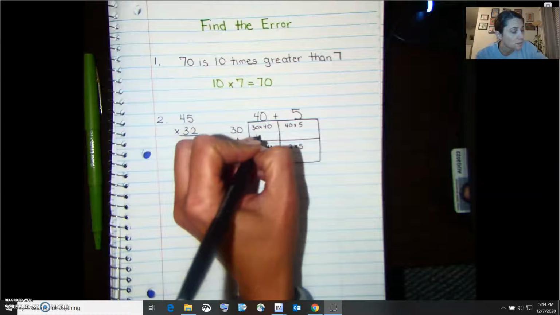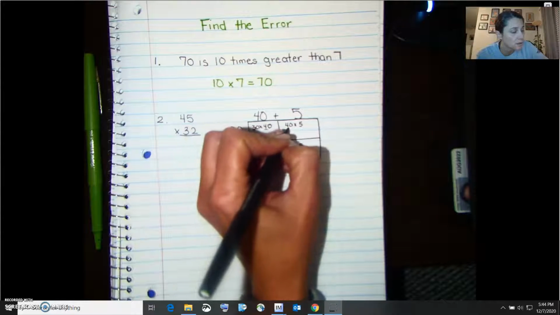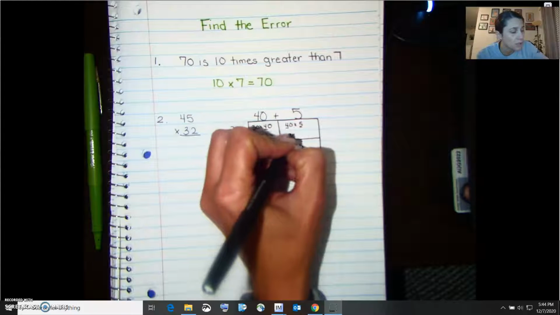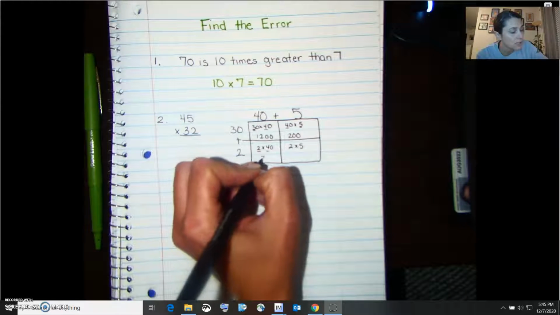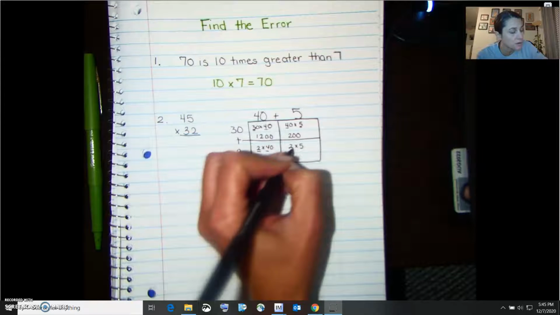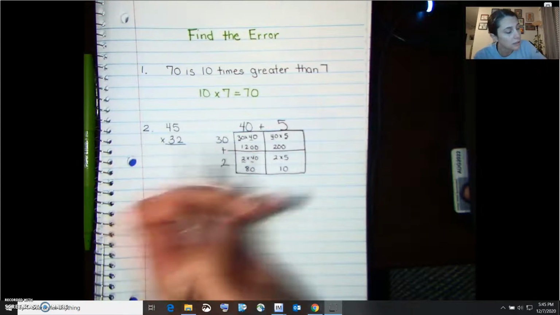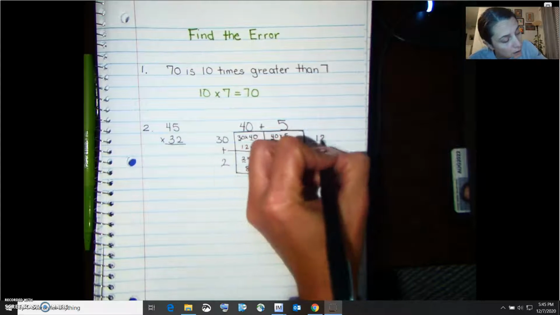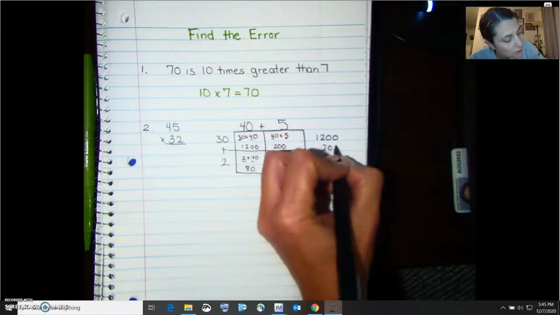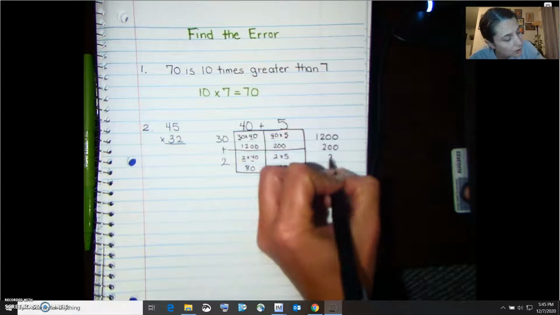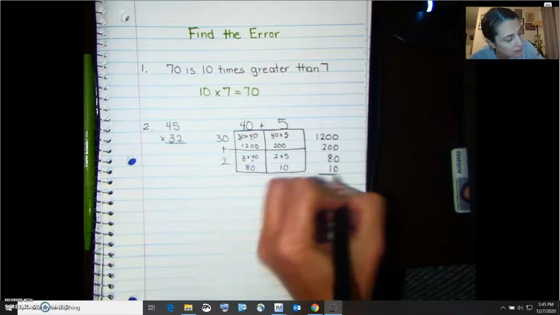Okay, so this is 112. And I've got 2 zeros. 4 times 5 is 20, and I have 1 zero. 2 times 4 is 8, and I have 1 zero, and 2 times 5 is 10. So then I'm going to add them up. I've got 1200, I've got 200, I've got 80, I've got 10.